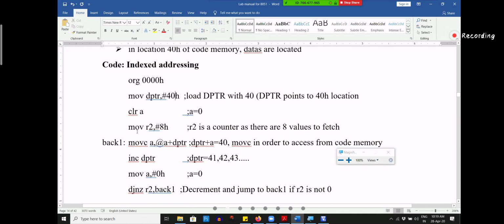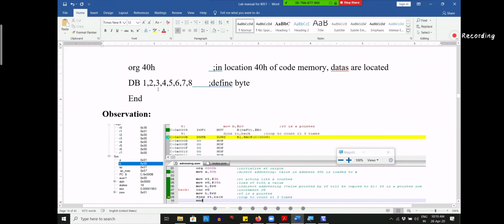40h. This is some counter value, because you are using 8 values to move to A. There are 8 values right here: 1, 2, 3, 4, 5, 6, 7, 8. So that means you are using 8 locations.